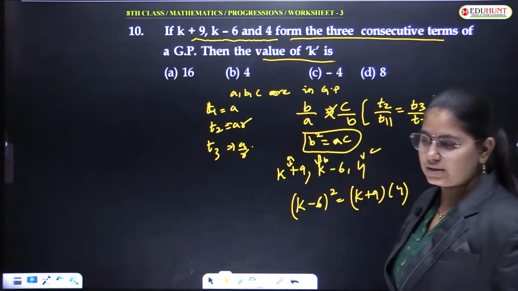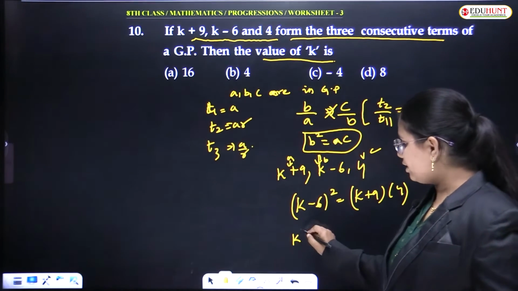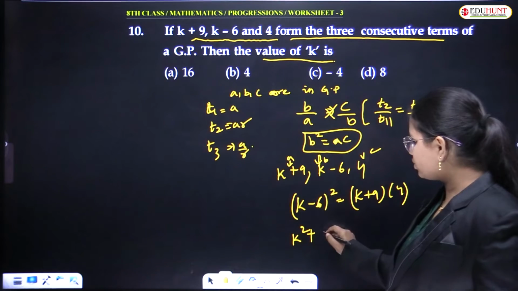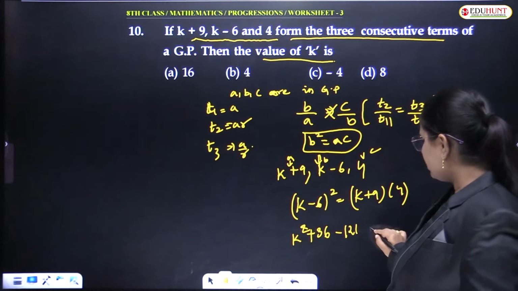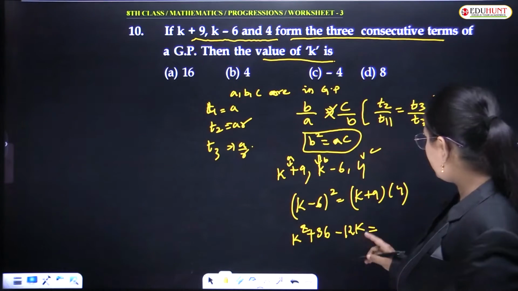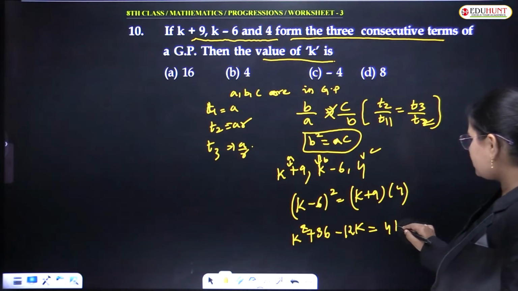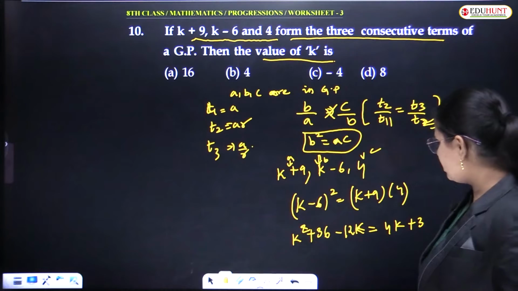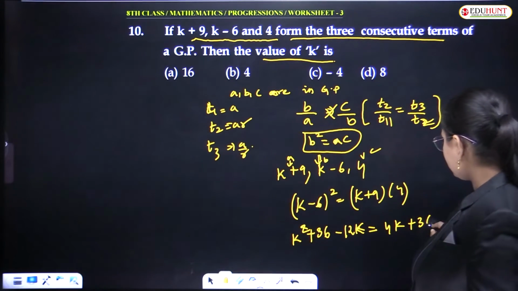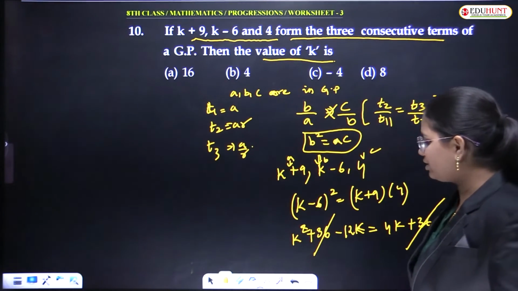Just expand this, a minus b whole square: k square plus 6 square is 36 minus 12k is equal to 4k plus 4 nines is 36. Plus 36 and minus 36 will get cancelled.